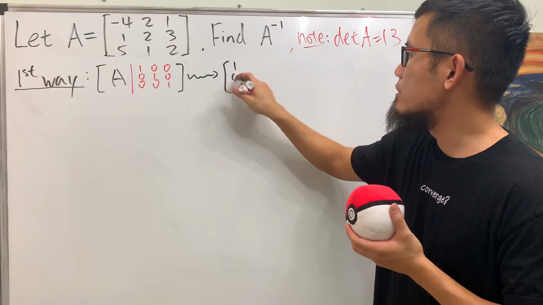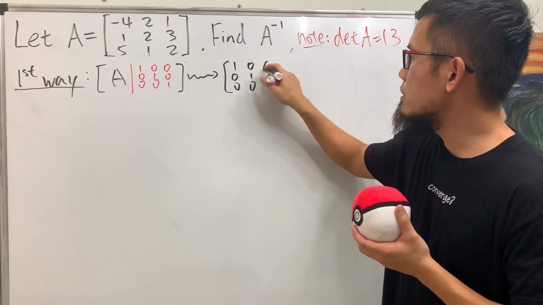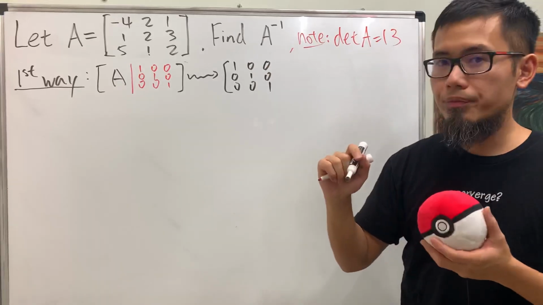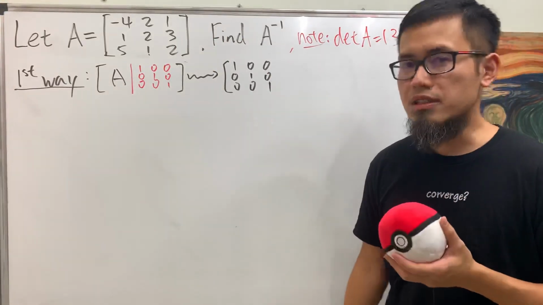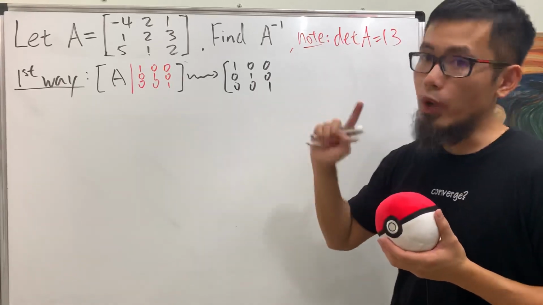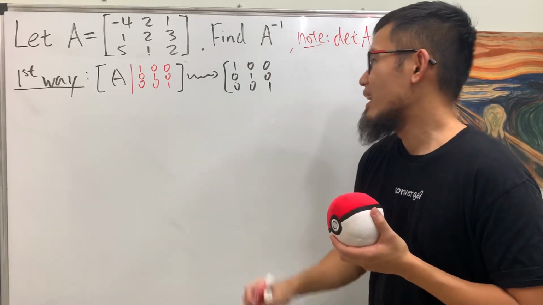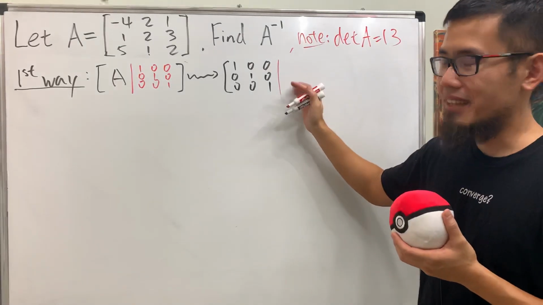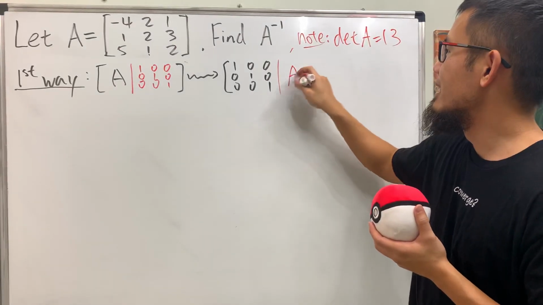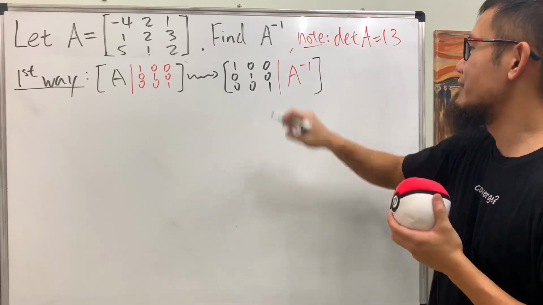So we have 1, 0, 0, 0, 1, 0, 0, 0, 1. That's our goal. Sometimes this might not happen because the inverse doesn't exist, but in this case we know it will happen, right? Okay, when this happens, we know that this side here is actually the inverse of the matrix.